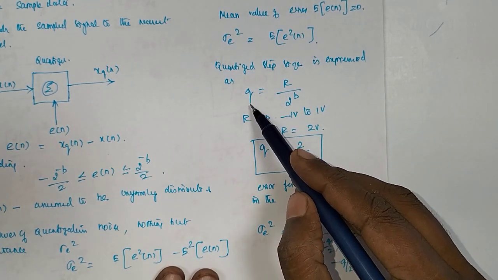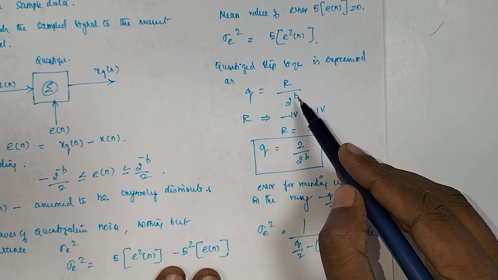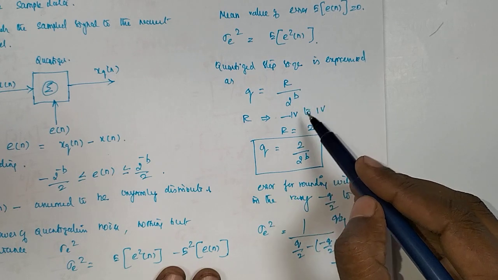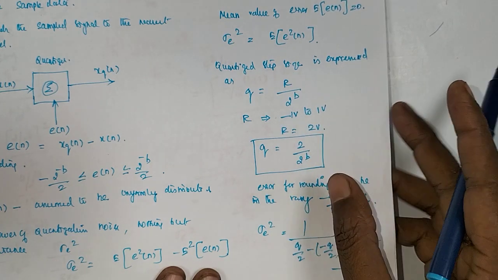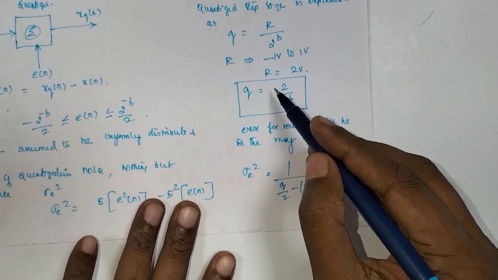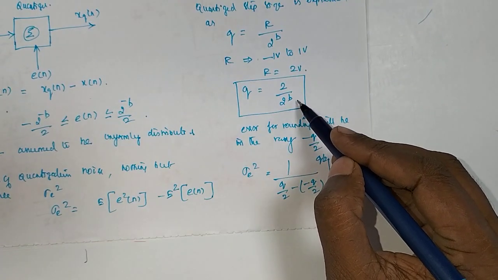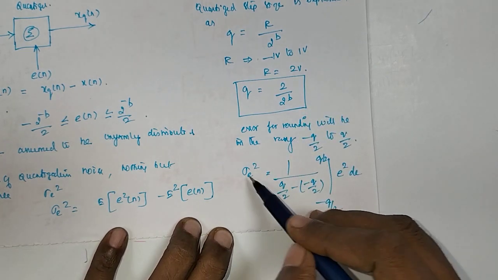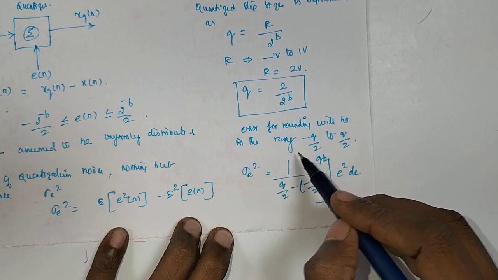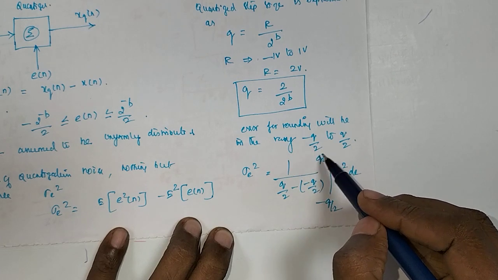You know the quantization step size is equal to R by 2 power b, where R is the range. Here I am assuming the range is from minus 1 to plus 1, so R is equal to 2 volt, and q is equal to 2 by 2 power b. This is the number of binary bits b excluding the sign bit. From that, the quantization error level is from minus q by 2 to plus q by 2.